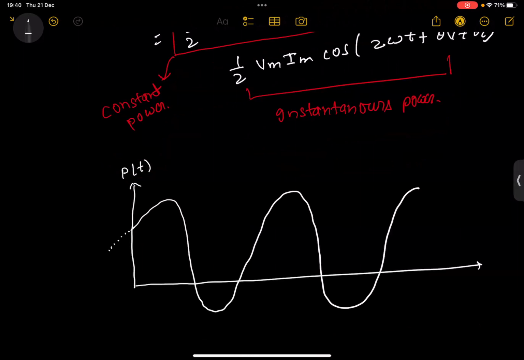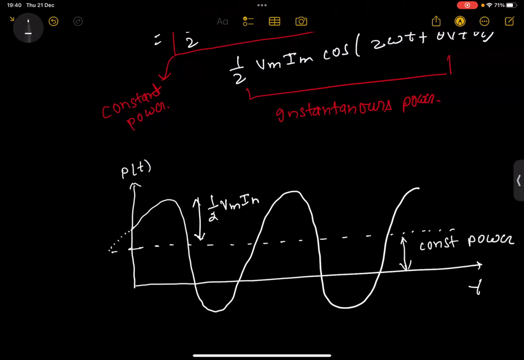This is time, and this is your constant power, which is half Vm Im. This is the representation of any power, that is the sum of constant power and instantaneous power.